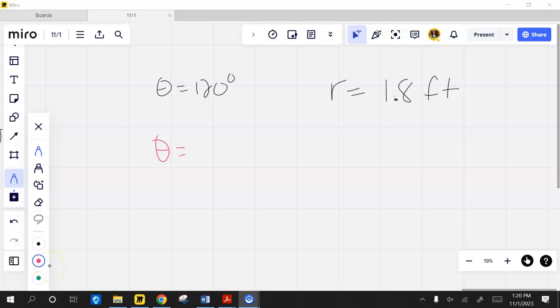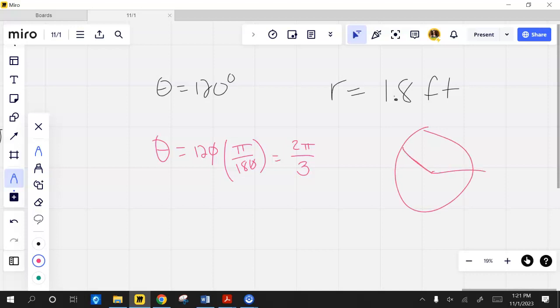What's 120 degrees in radians? Close. Okay, 2 pi over 3, that's my theta. So what is my intercepted arc length? If I were to put 120 degrees on here, that's 180, so somewhere about right here.